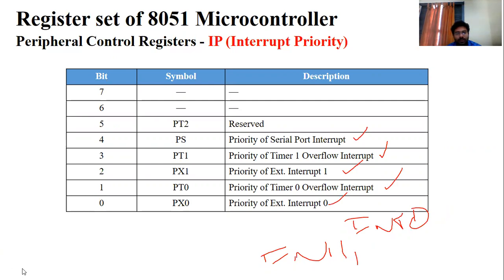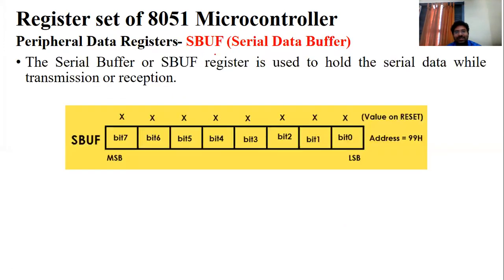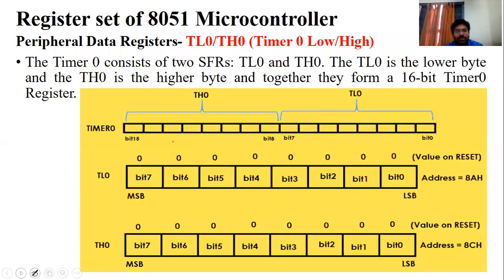The next one is the serial data buffer. In serial communication we use this serial buffer register. Then another one is the timer registers. These are available as timer register 0 and timer register 1.